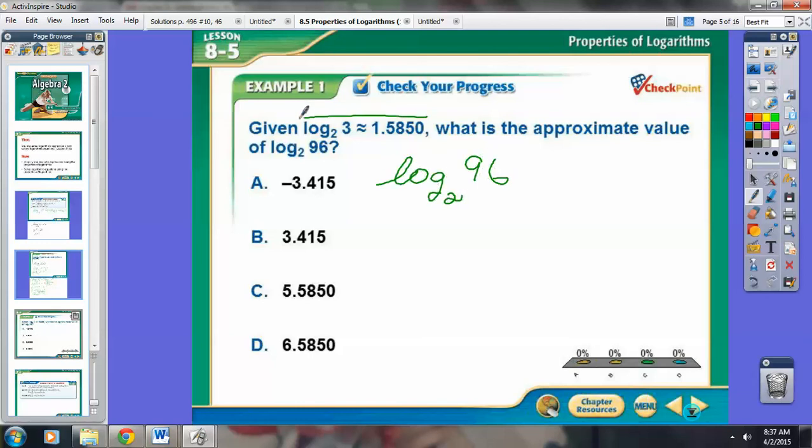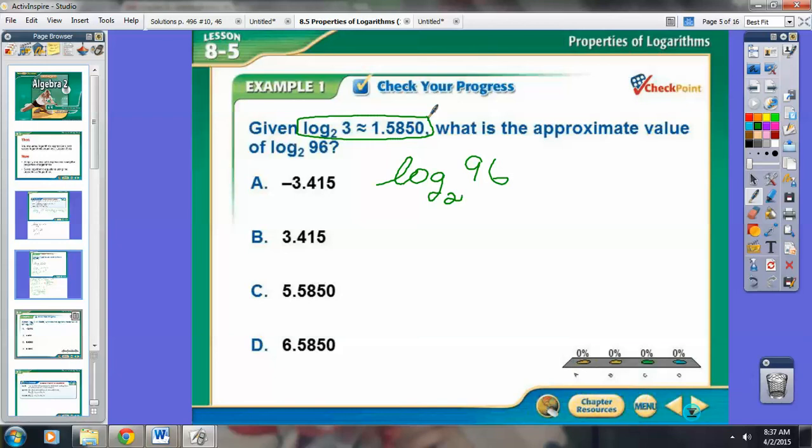I'm going to use this right here to help me. Can I take 3 to some power to give me 96? No. How close can we get? 81. I think 81 is the closest we can get.